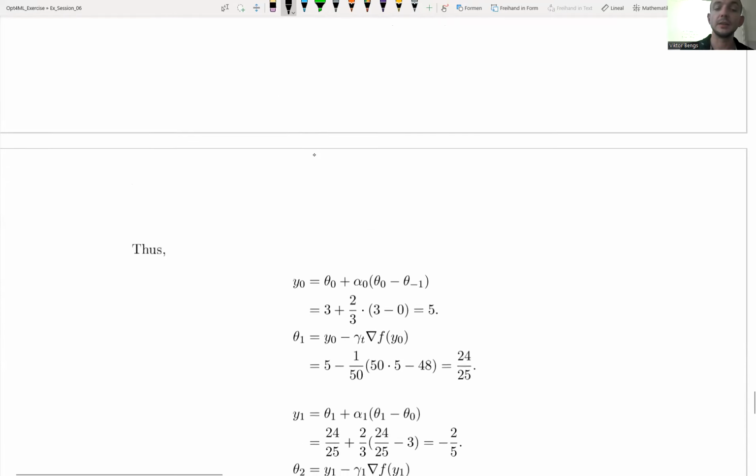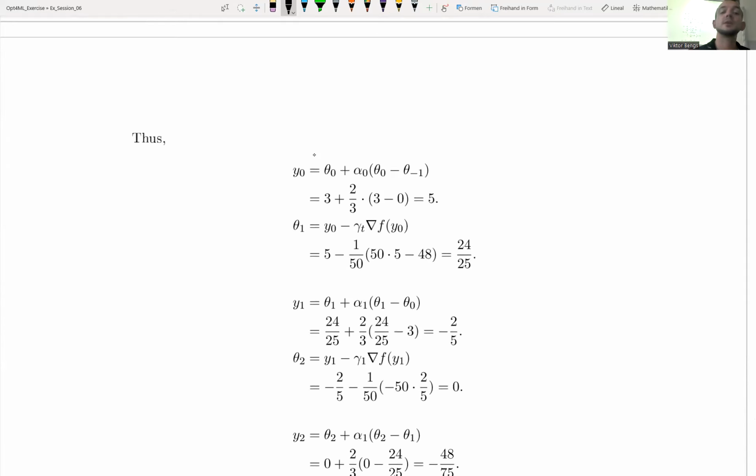All right. Then we do the iteration via Nesterov accelerated gradient descent. We start with the 3 as before. We have as our momentum coefficient 2/3. We haven't specified it, but the very first, or the -1 step, is 0, so that you get here as the look-ahead position the 5.